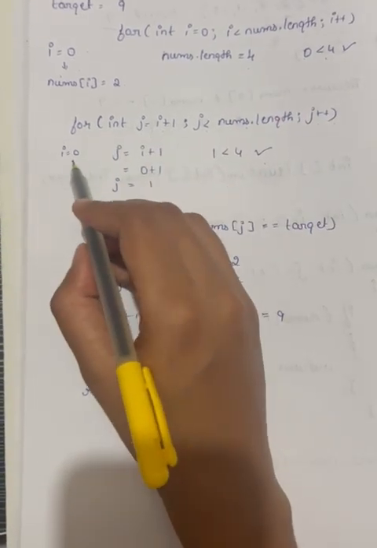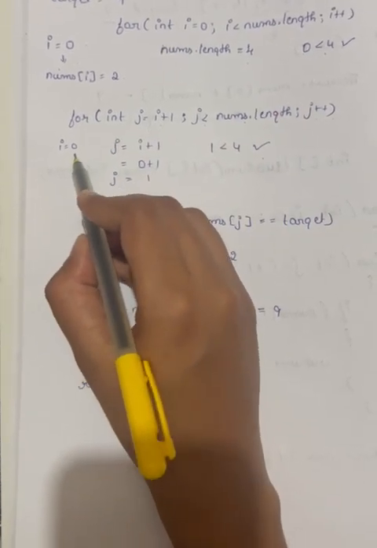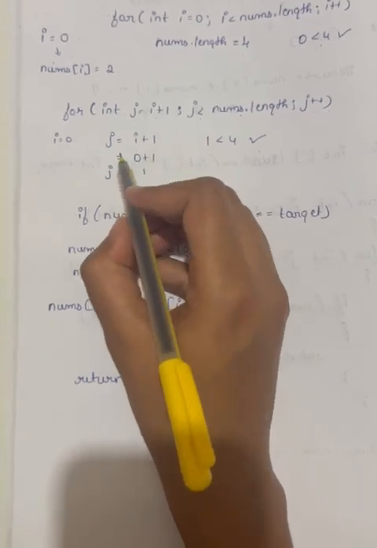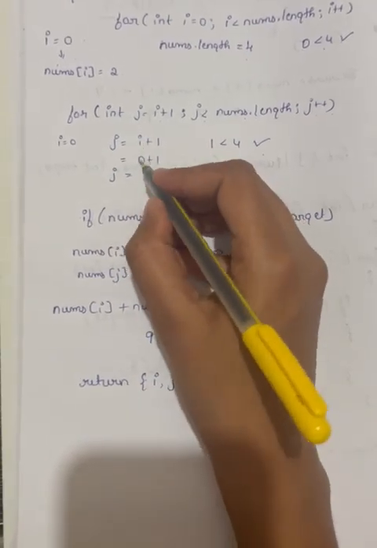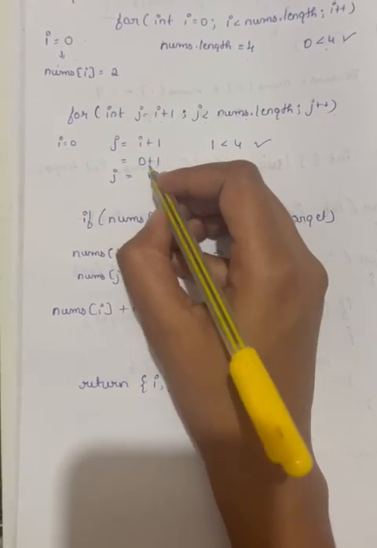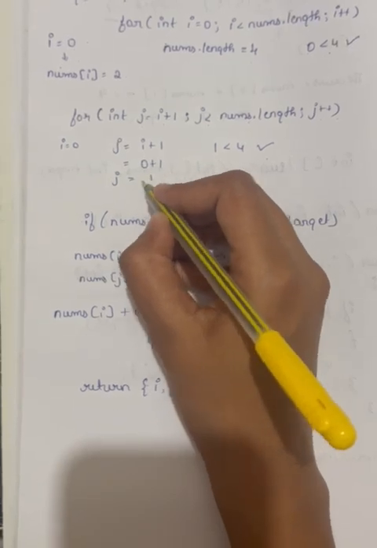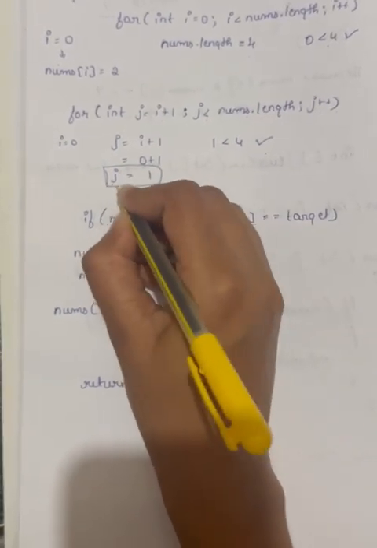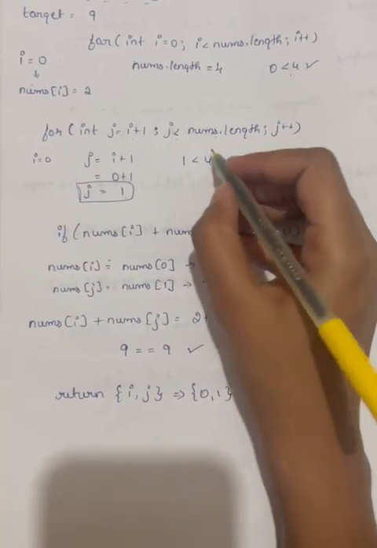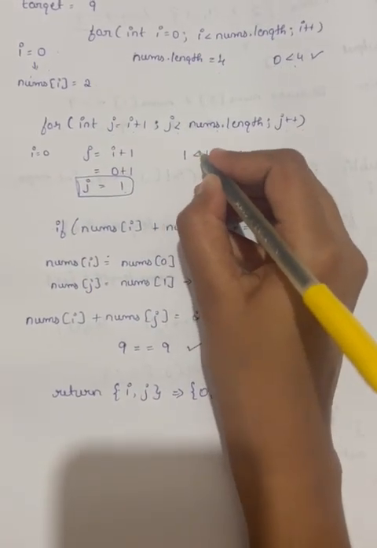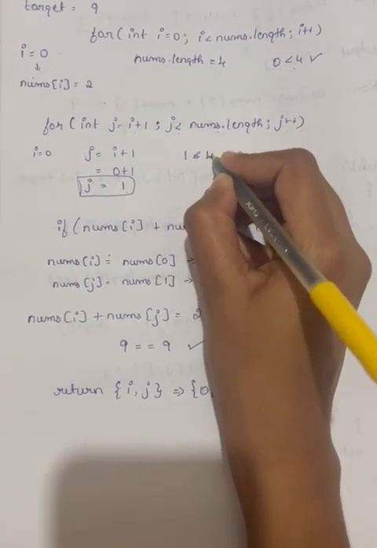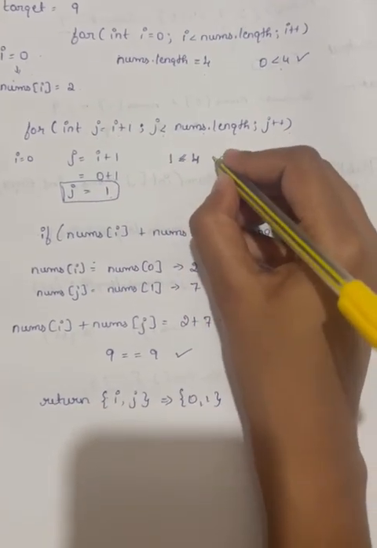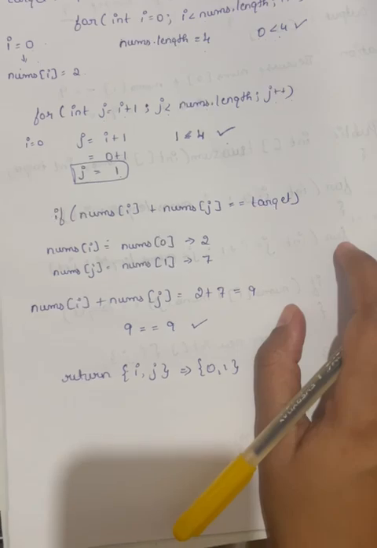The i value is 0. j is equal to i plus 1, which means 0 plus 1, which is equal to 1. Then the j value will become 1. Then check for the condition: j less than 4, 1 is less than 4. Yes, it satisfies the condition.